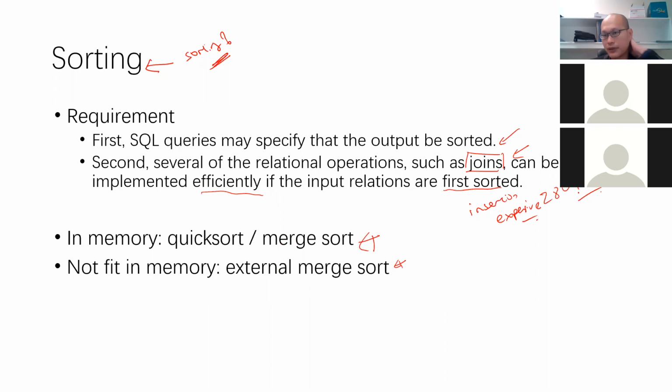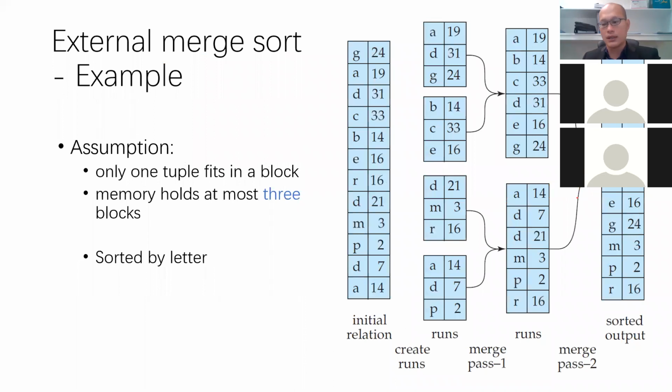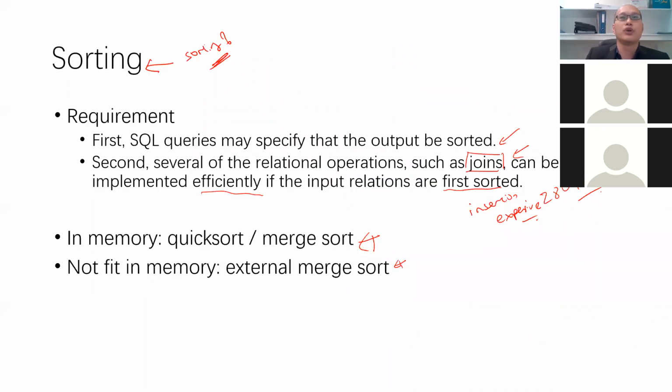But before that, I understand that some of your colleagues may not have the background, so I'm going to do a very quick illustration of what merge sort is. Merge sort belongs to a class of algorithms known as divide and conquer.